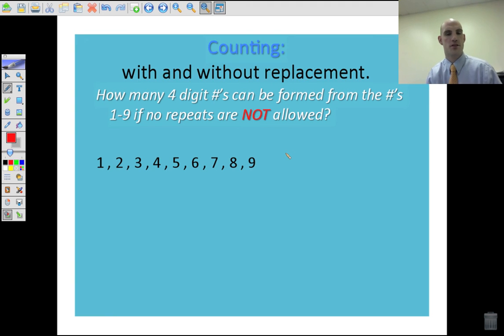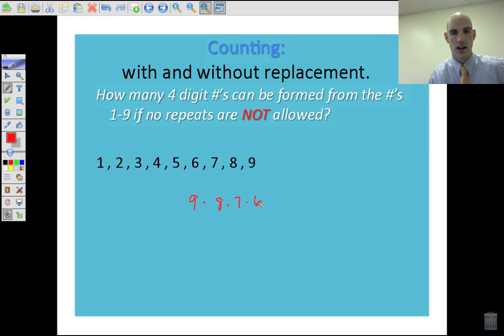How many 4-digit numbers can be formed with these numbers, assuming that repeats are not allowed? Well, let's look at how this works. If we say that there's 9 possibilities for the first slot, now there's only 8 possibilities left. So we're going to have 9 times 8 times 7 times 6.